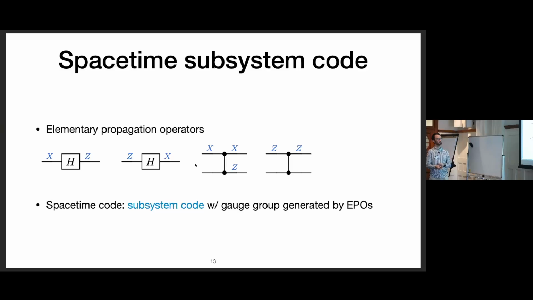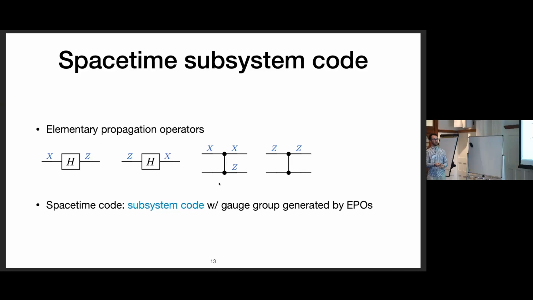For example, in this control Z, an X before maps to X, and then I pick up a Z. There are also rules for defining them for measurements and state preparation, so I won't go into that. If we think of the space-time code as a stabilizer code with the detectors as the stabilizers, then all of these elementary propagation operators commute with all the stabilizers. But they're not stabilizers themselves, so they would be logical operators.